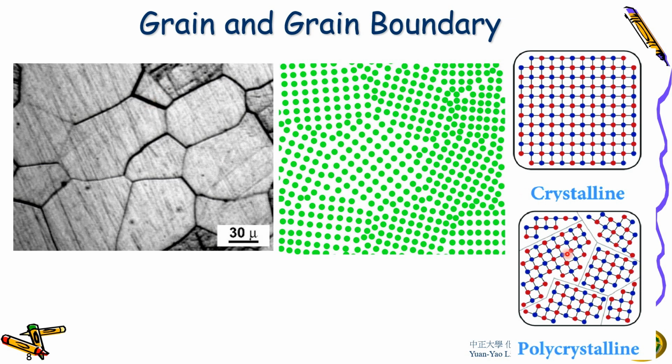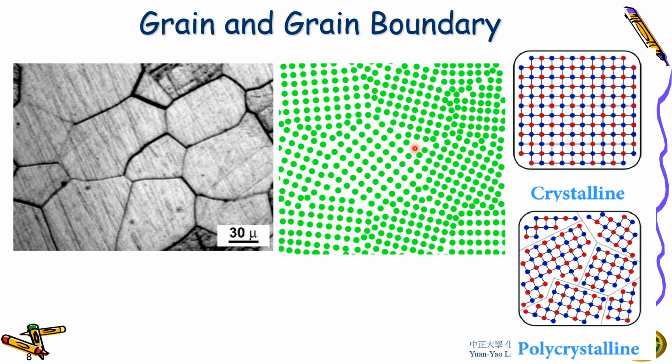This is what we call grain. Between grains, there's a boundary, and this is what we call grain boundary. For example, this looks perfect, right? But this edge is not perfect because this is another grain, and this is the grain boundary.